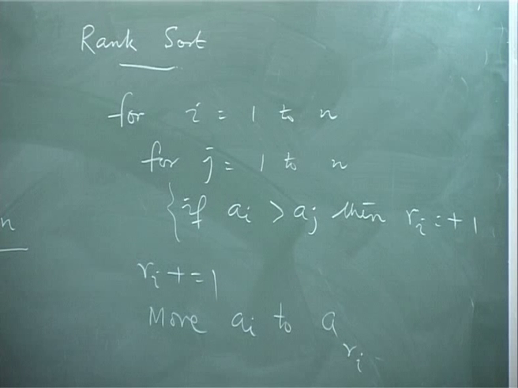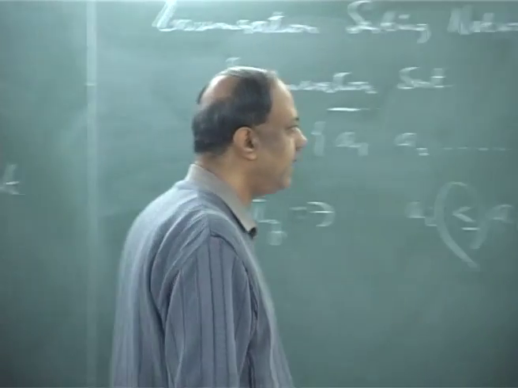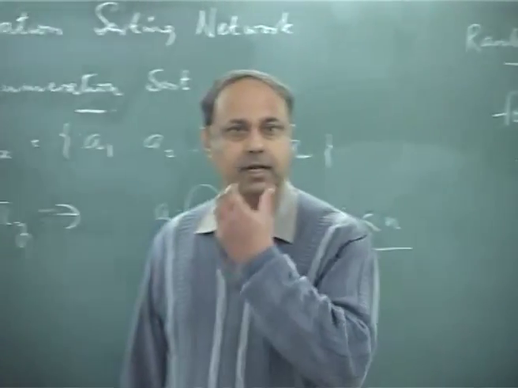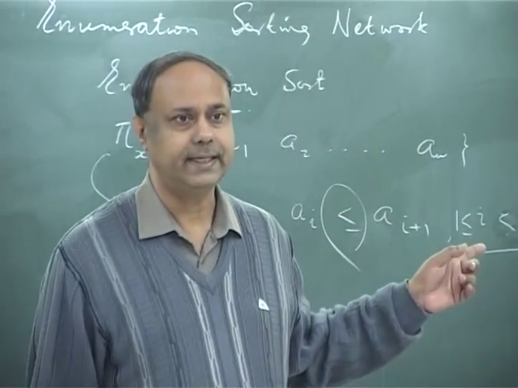Now, the base assumption here is that elements are distinct. What happens if the elements are not distinct, if some elements are the same? This will not work in that case.